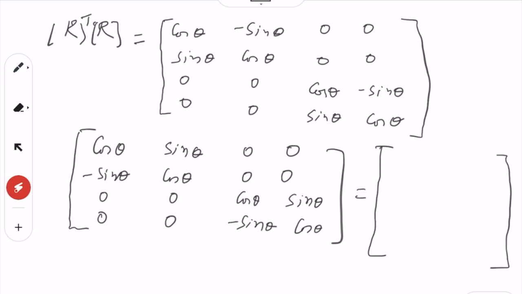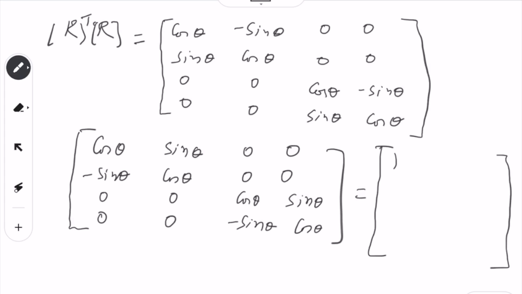We start with one by one. Entry 1 1 will be row number 1 times column number 1: cos square theta plus sin square theta plus 0 equals 1. So we have 1.